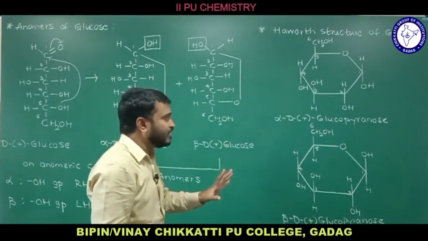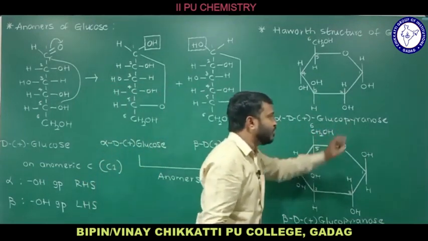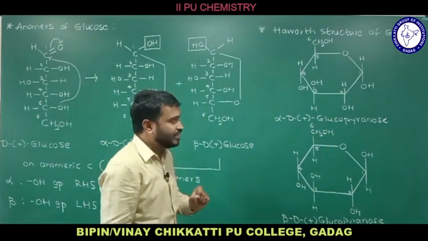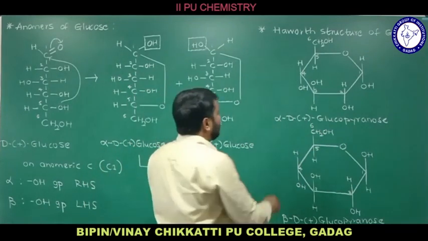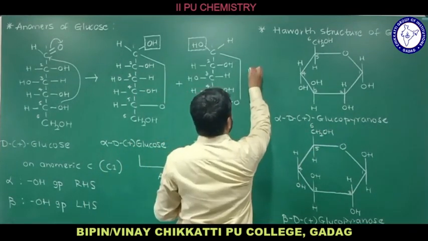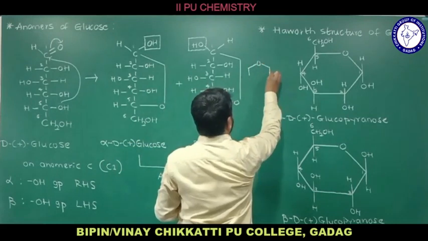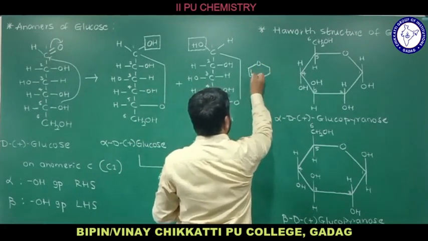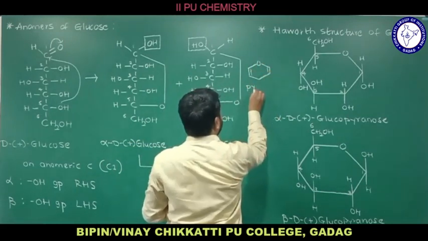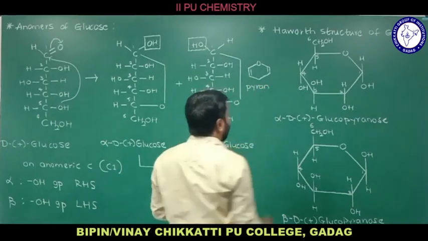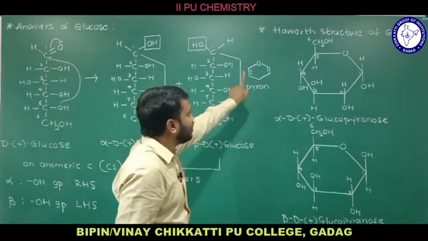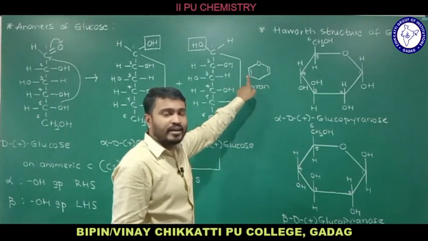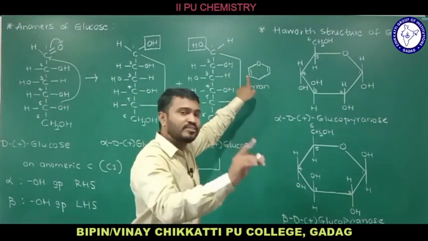And then the question arises, why do we introduce the word pyranose? The reason behind that I will tell you. If you consider this is one organic compound, this is nothing but pyran. Pyran is a 6-membered organic compound with oxygen.